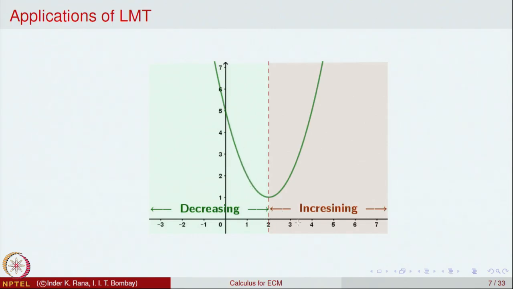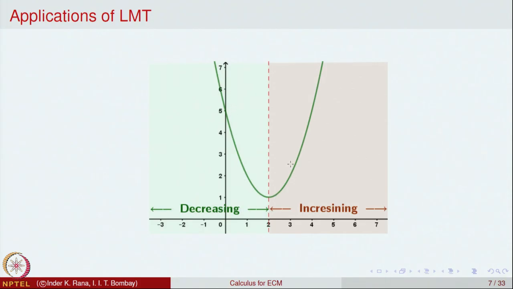So, the slope of the tangent will be negative, right, because the angle will be more than 90 degrees. The slope of the tangent at any point will be negative. That means the derivative is negative on this part of the graph. So, the function will be decreasing, as we can see from the graph also.